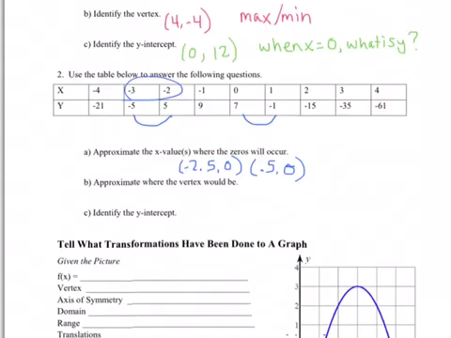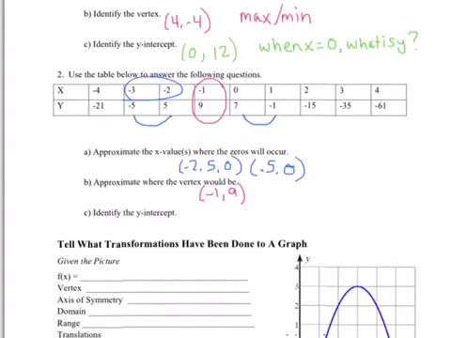For approximating where the vertex would be, I'm looking again for the max or the min. This time I'm noticing that at my extremes, it is getting more and more negative. So I'm looking for a point where it reaches its highest point, which happens somewhere around the (-1, 9) mark. So I'm going to go ahead and let you say (-1, 9) is the vertex.